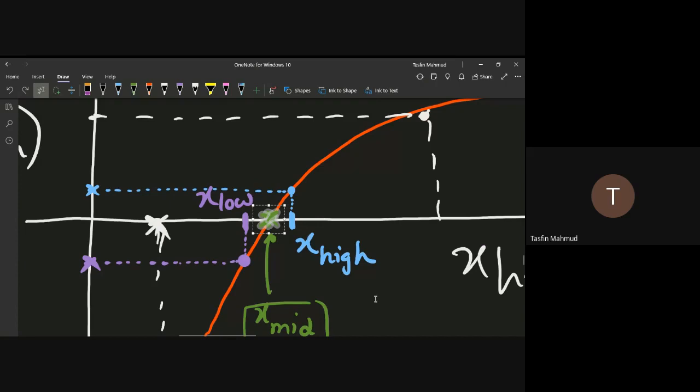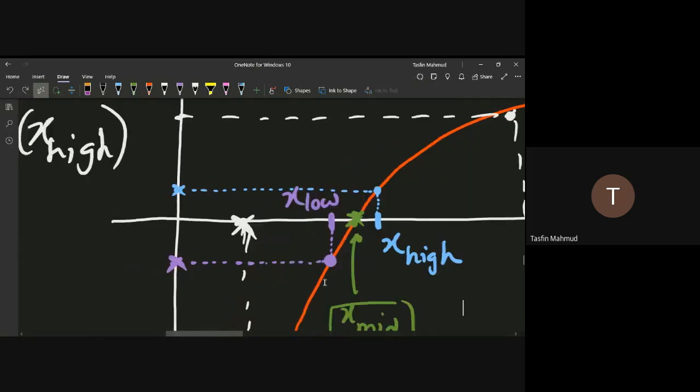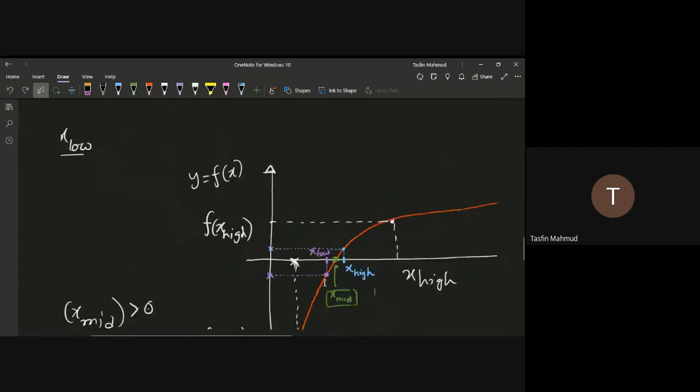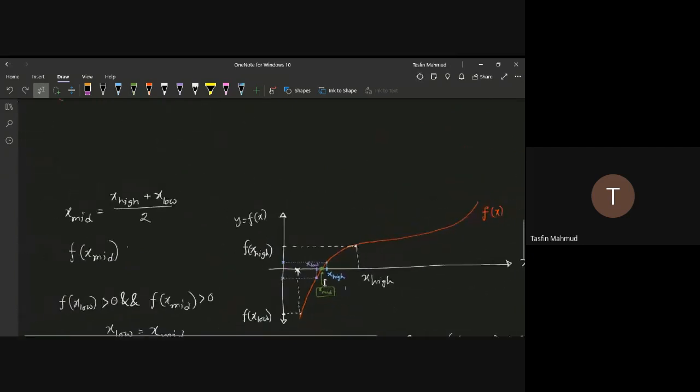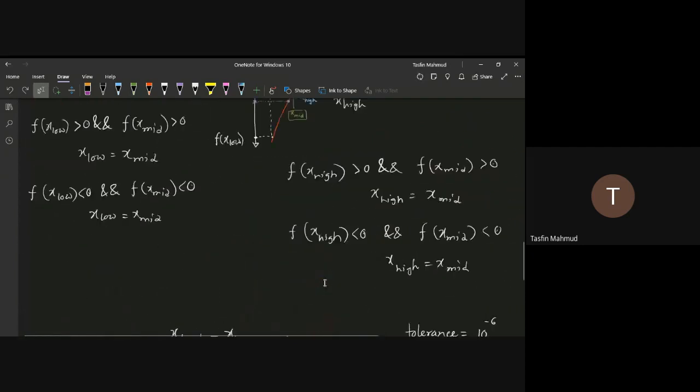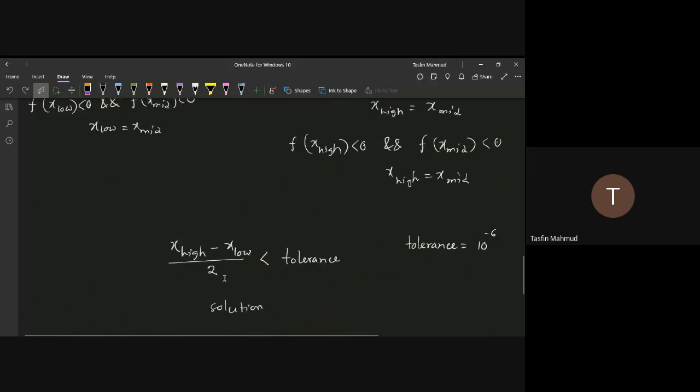So if this is a very small number, then we can safely assume that we can accept our solution. We can break the loop. This difference will be a very small number when we are close to the root.